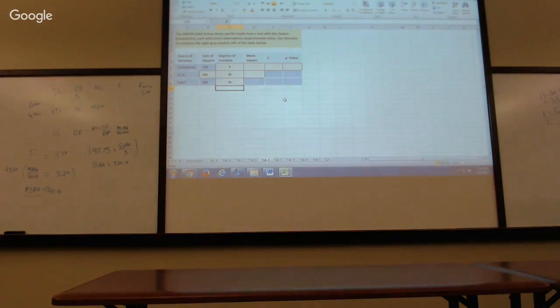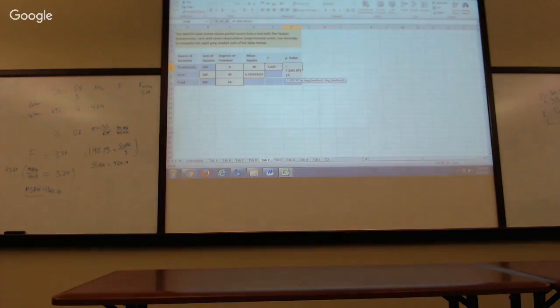So mean squares are going to be equal to our sum of squares divided by our degrees of freedom, and our F value is going to be equal to our mean squares of our treatment divided by our mean squares of our error group.